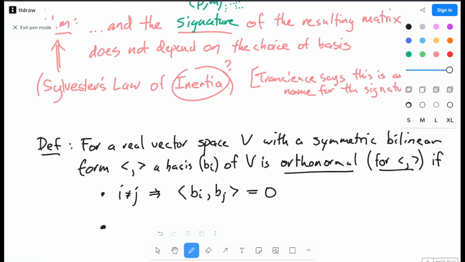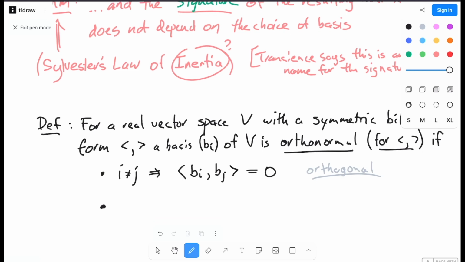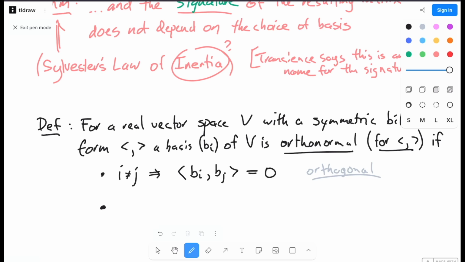Seems reasonable to call that orthogonality. In fact, Artin defines orthogonality, does not define orthonormality. So that's a Ian Stuckey special, but I think it is a reasonable extension, since we're going to be talking about these quite a bit.